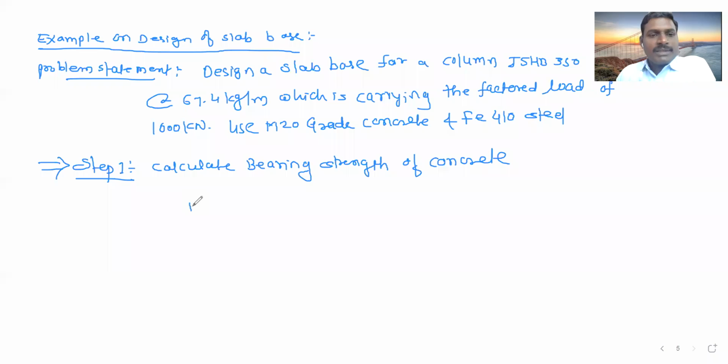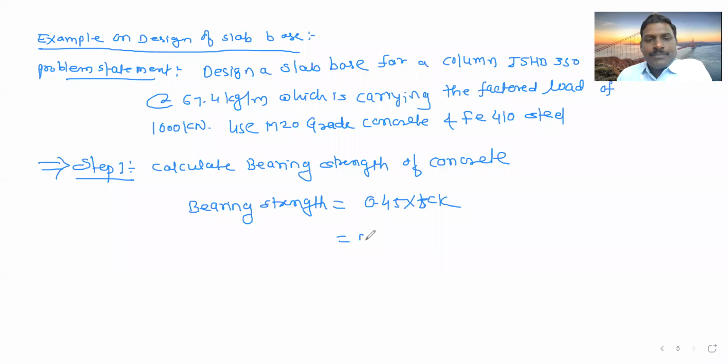So how to calculate bearing strength? What is the formula? Bearing strength is equal to 0.45 fck. What is the value of fck for M20 grade concrete? It is 20 Newton per mm square.